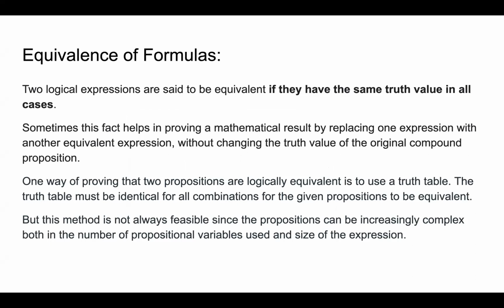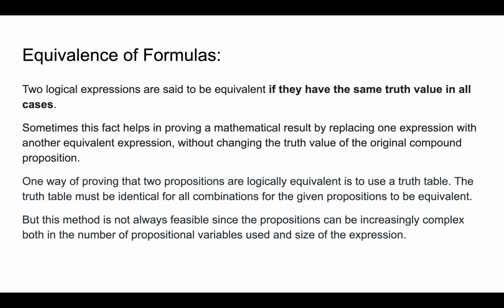Then the next bit we have is the equivalence of formulas. Two logical expressions are said to be equivalent if they have the same truth value in all the cases. In all the cases, both are having the same truth value. Those two formulas are known as equivalent formulas.